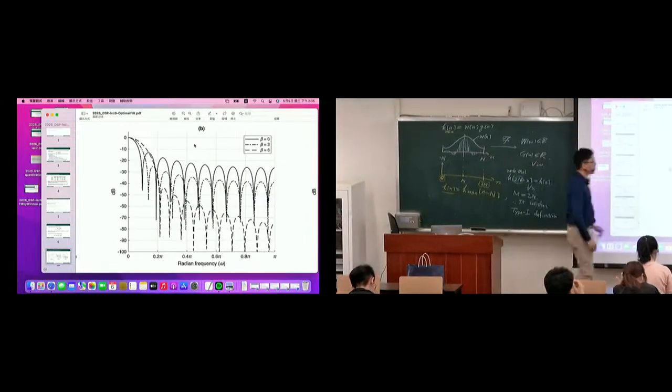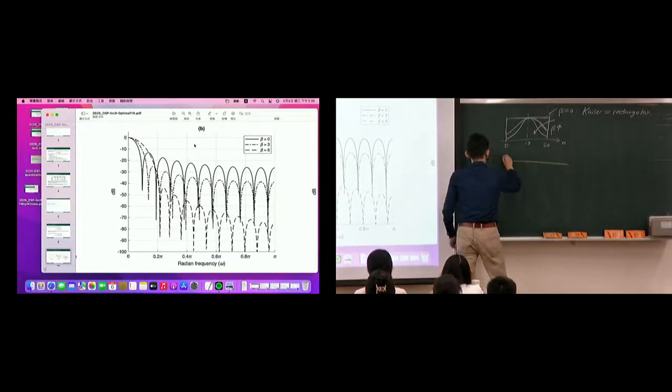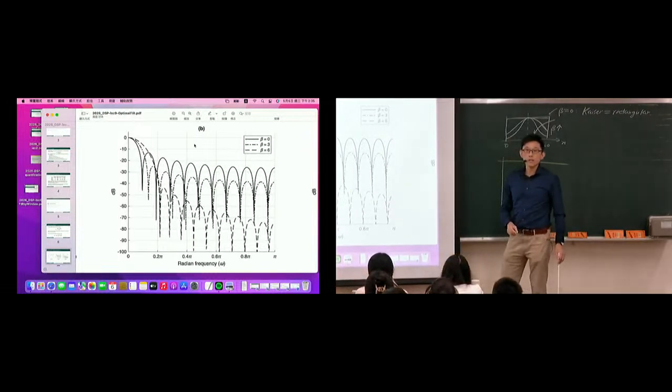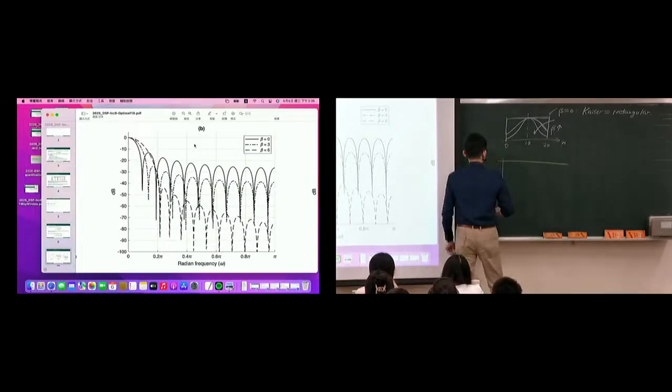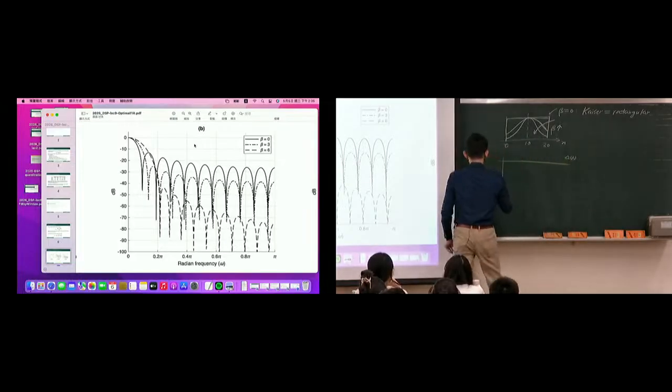Then, what if we study the two factors? We also know that the main lobe width has something to do with the transition width. They highly correlate. So if we plot the transition width versus the peak approximation error, 20 log 10 of delta.